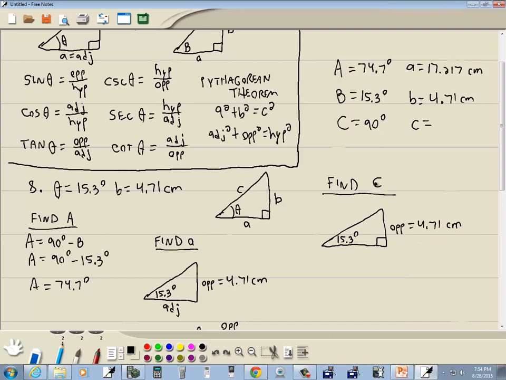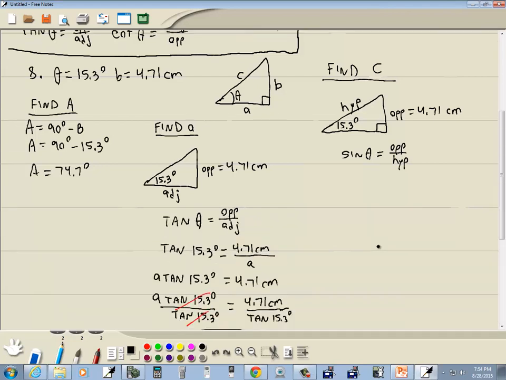And we're trying to find side C, which according to our picture they give us is the side that's opposite our 90 degrees, which also happens to be our hypotenuse. Okay, so we're looking for a formula dealing with opposite and hypotenuse. Our first one works, opposite over hypotenuse. So we're going to work with sine theta is equal to opposite over hypotenuse.